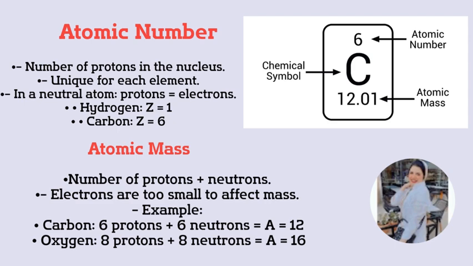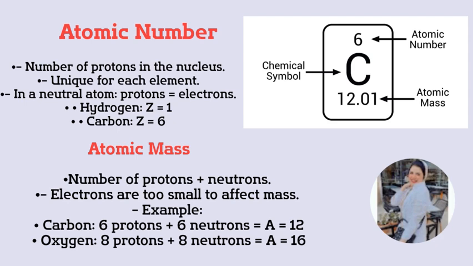Okay, let's speak about atomic mass. What is atomic mass? Atomic mass is the number of protons plus neutrons. Carbon, for example, has six protons and six neutrons. So what is the atomic mass of carbon? 6 plus 6 equals 12.